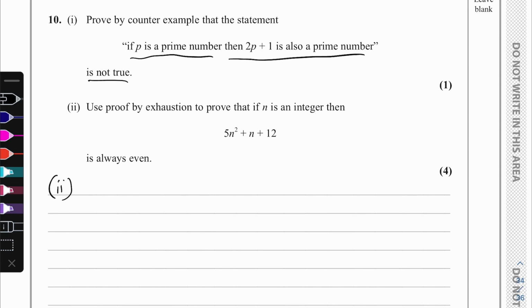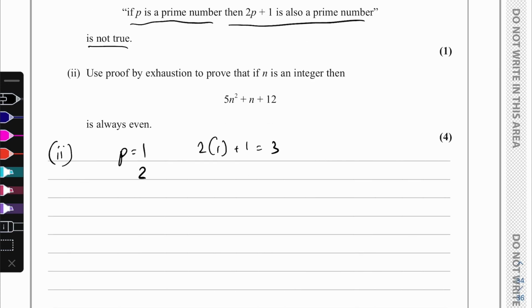Now let's take values. So if p equals 1, then 2 times 1 plus 1 equals 3. That's still a prime number. Let's look at 2. 2 times 2 plus 1 is 4 plus 1, which is 5. So it doesn't work. 3. 2 times 3 plus 1 is equal to 6 plus 1, which is 7, still a prime number. Let's go 4. 2 times 4 is 8 plus 1 is 9. That is not a prime number.